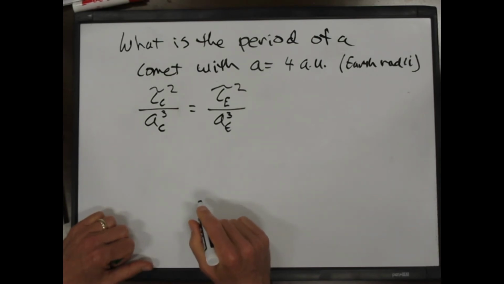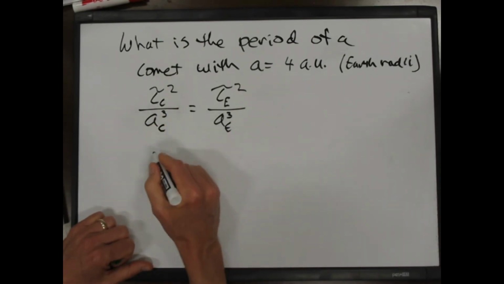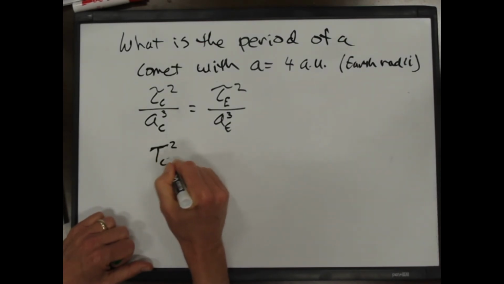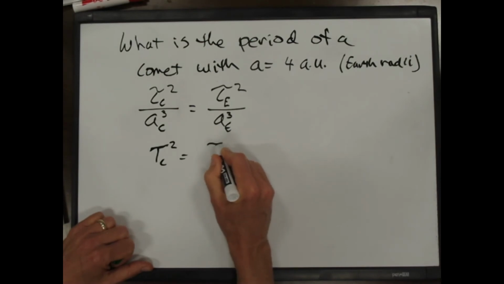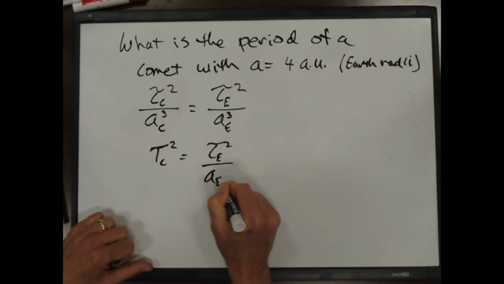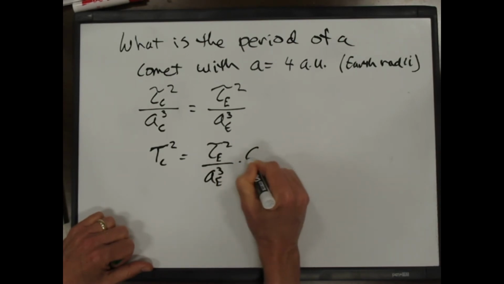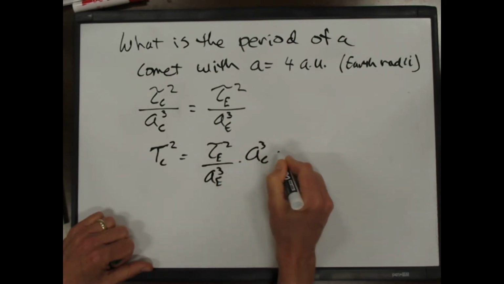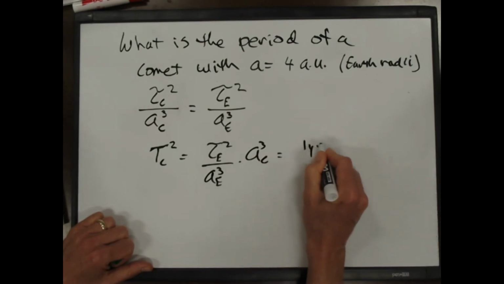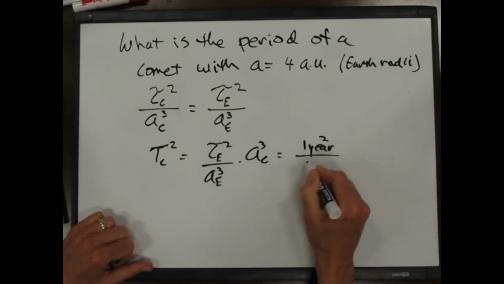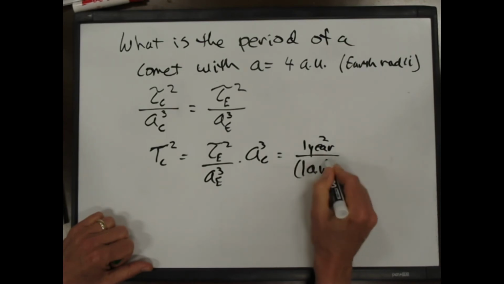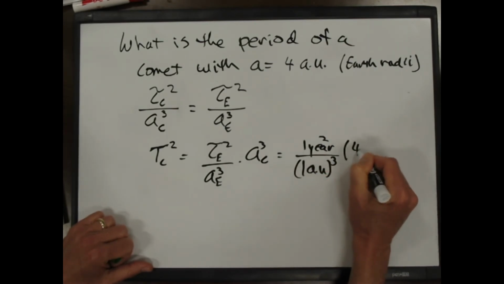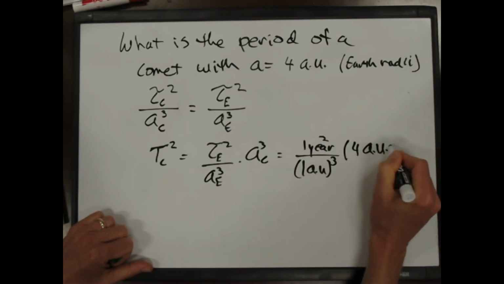And so if we're looking for the period of the comet squared, it is equal to the period of the Earth squared over the semi-major axis of the Earth cubed times the semi-major axis of the comet cubed. But that's just 1 year squared over 1 astronomical unit cubed times 4 astronomical units cubed.